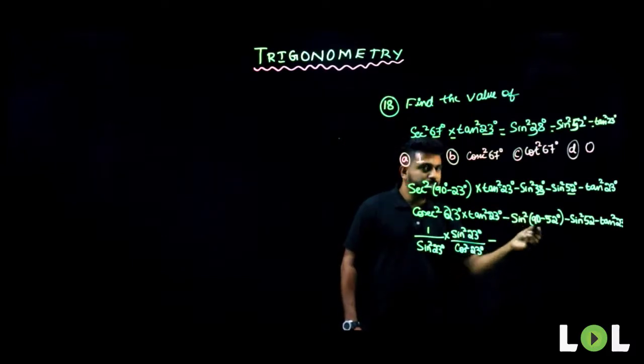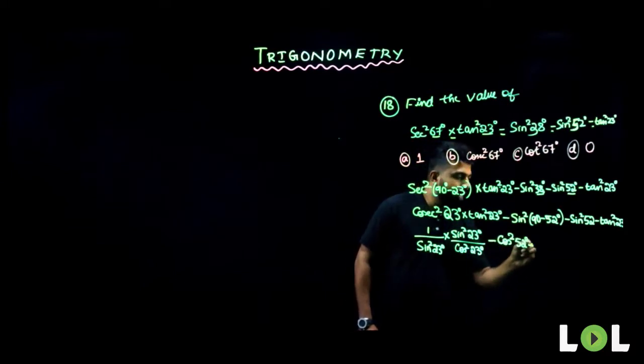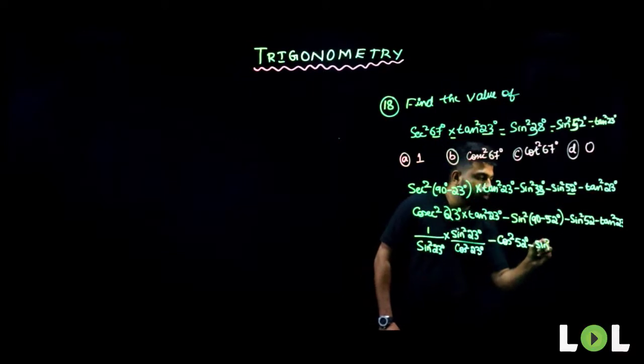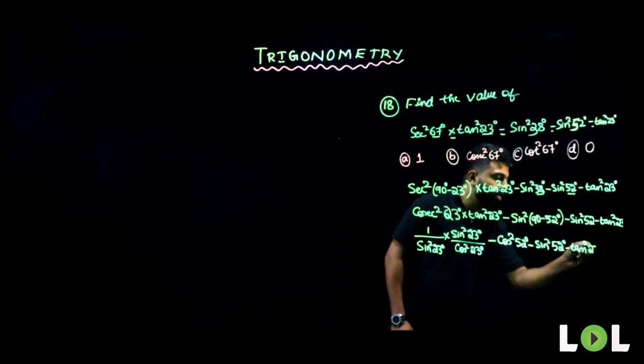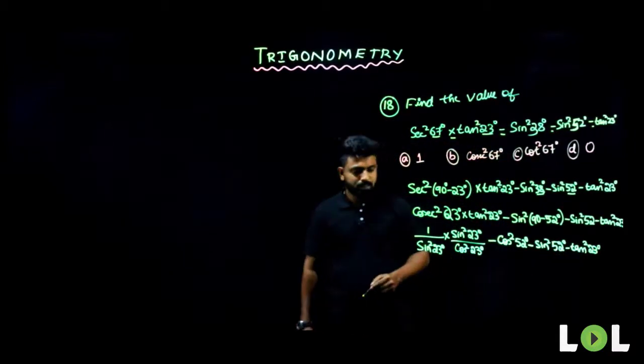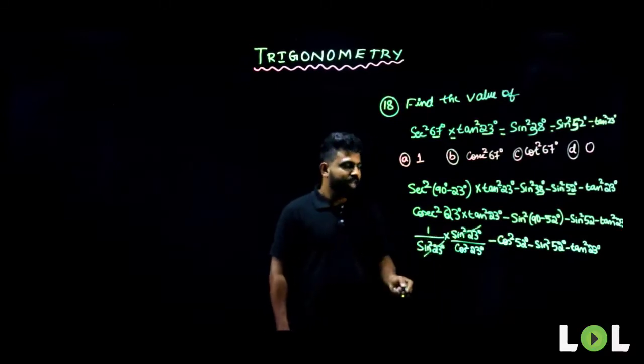Sine square of 90 minus 52 can also be written as cos square 52 degrees minus sine square 52 degrees, and tan square 23 degrees as it is. Now look at this. Sine square 23 degrees and sine square 23 degrees get cancelled.